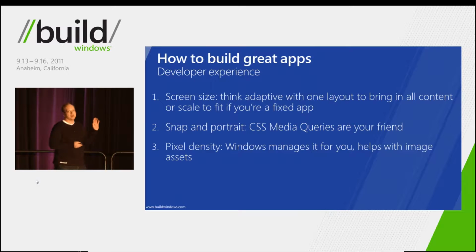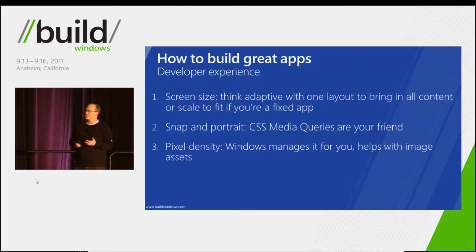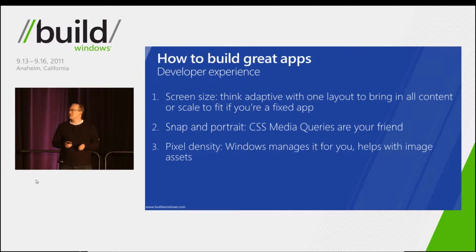So here are 3 points I want you to walk away with as part of this developer section of the talk. For screen sizes, we're offering you 2 approaches. One is adaptive, and the other one is fixed, to have your screen as immersive as possible. For snapped and portrait view, CSS media queries are your friend.